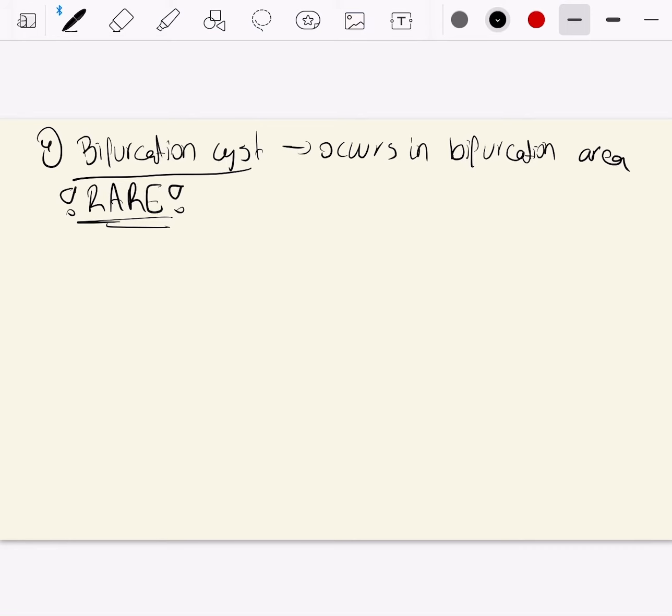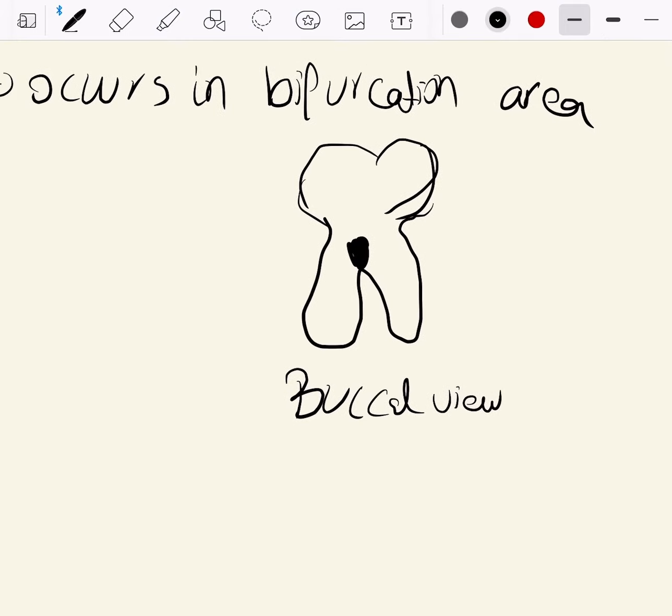Okay, we have here the tooth, just for a small imagination about it. Okay, here, and it can happen here, the bifurcation area. From the side, this is like the buccal view, okay? From the lateral view, you can just do it this way.